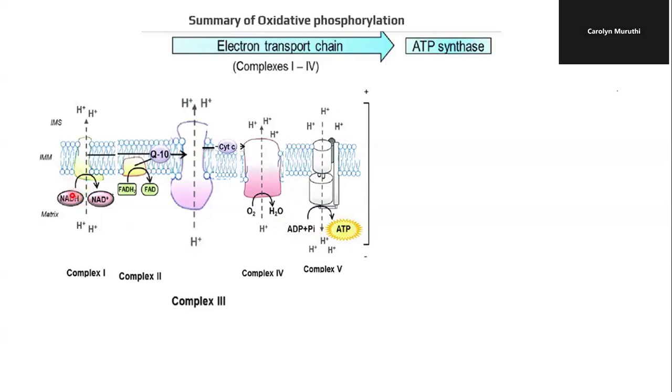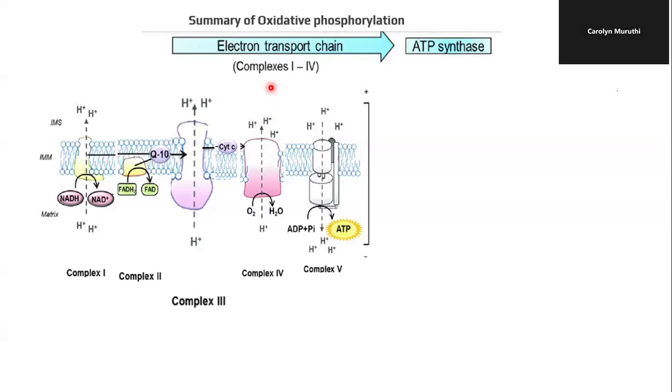When we are transferring electrons from NADH, we are pumping 10 protons. Let's see. So here we pumped 4 protons. Here we pumped another 4 protons. And here we pumped 2 protons. So those are 10 protons pumped from the matrix to the intermembrane space when electrons from NADH are passed from one complex to another.